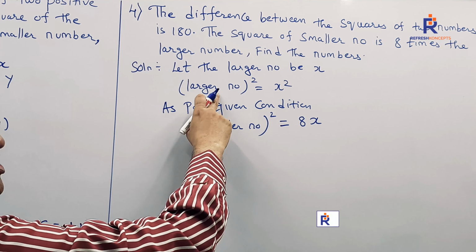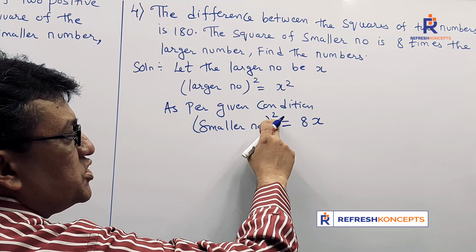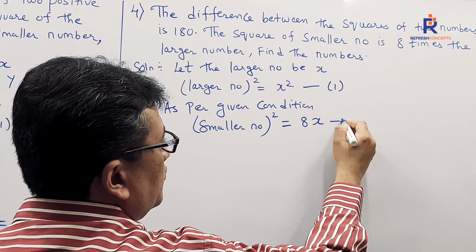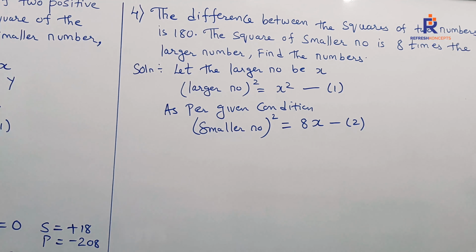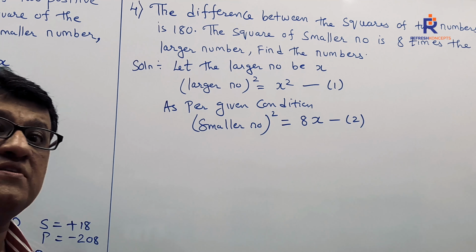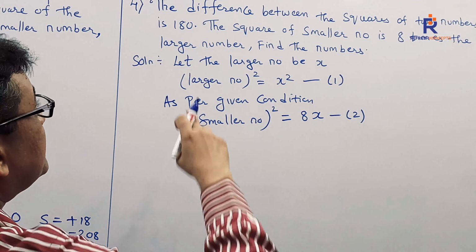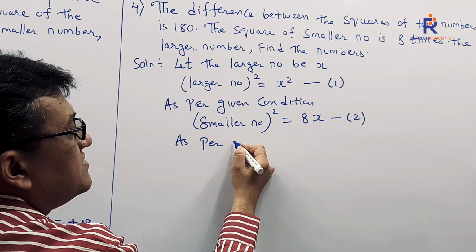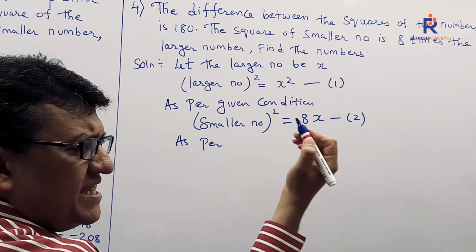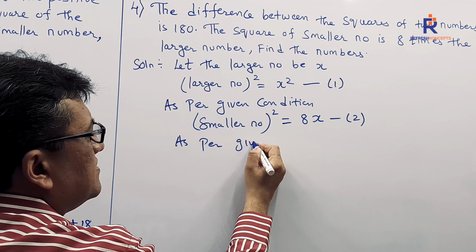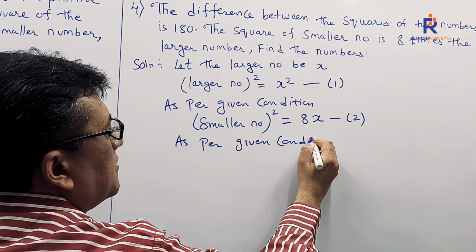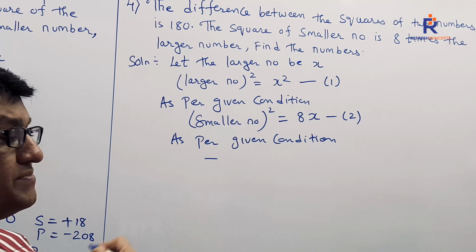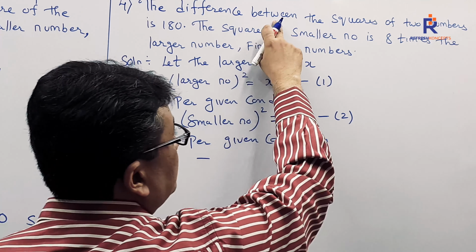Now, we take the second condition first. The square of the smaller number is 8 times the larger number. So, as per the given condition, the square of the smaller number is 8 times the larger number, and the larger number is x.